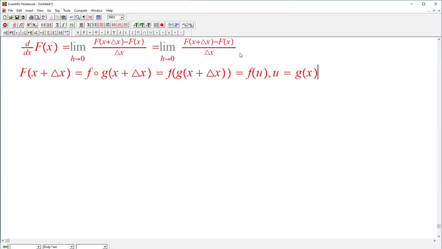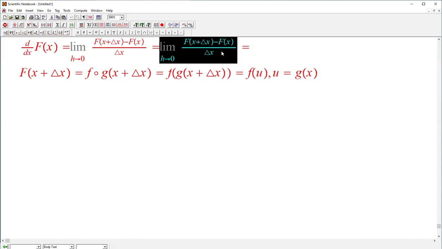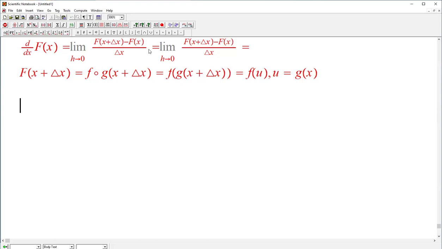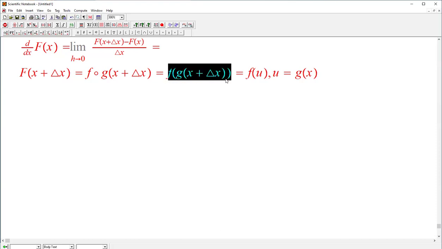Next, we put this in here. Of course, capital F of x we know what that is, so I'm going to remove this. We try to keep it as simple as possible.